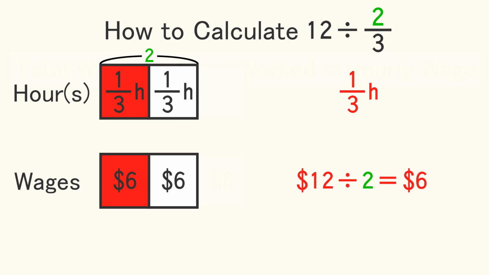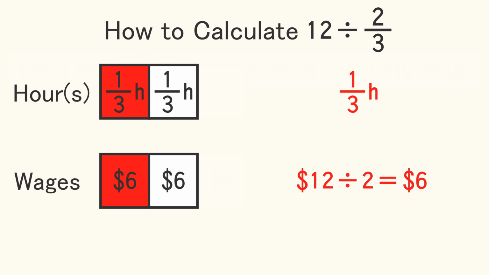Here we divide by 2, and that 2 comes from the numerator of 2/3. The numerator tells us how many 1 over the denominator parts are in the fraction. That's why we find your wage for just 1/3 hour of work by dividing $12 by 2, the numerator.